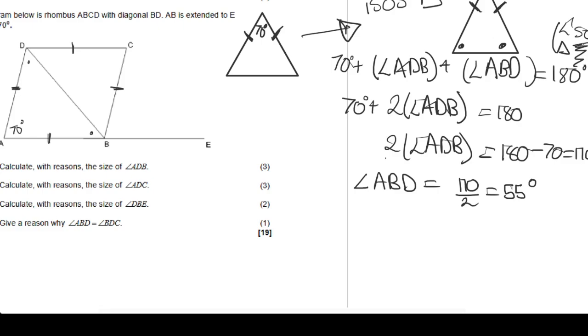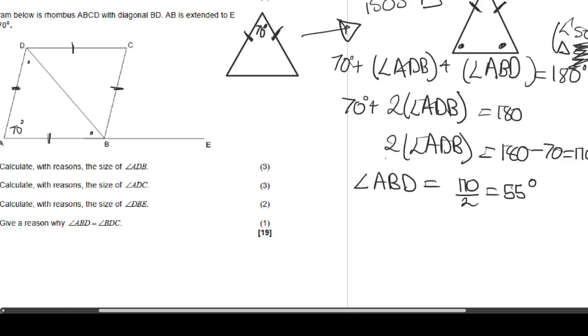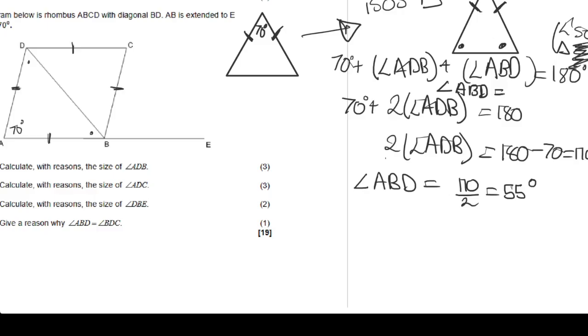But then, in order to get to this step, you would say that angle ADB is equal to angle ABD. Why? Because angles of an isosceles triangle. So then you can go into this step. All right. So just fill in the values over here and over here.